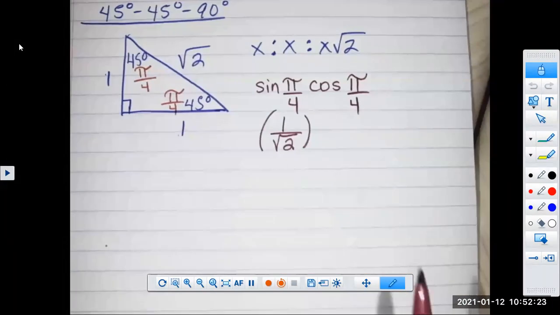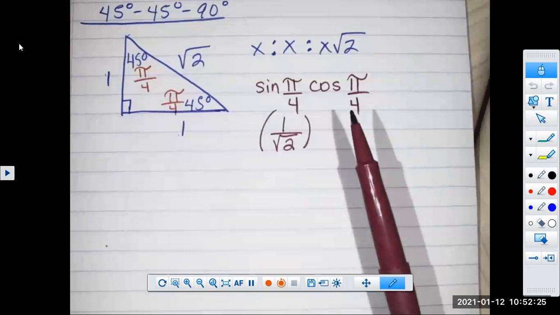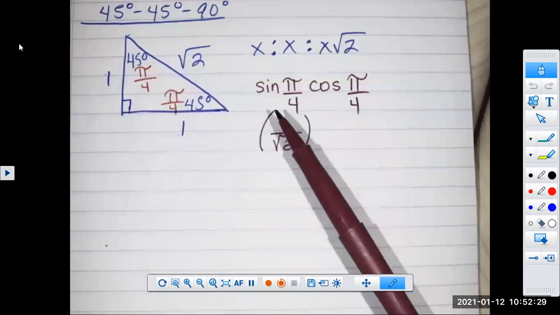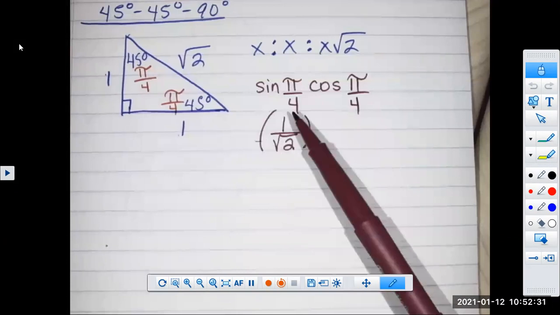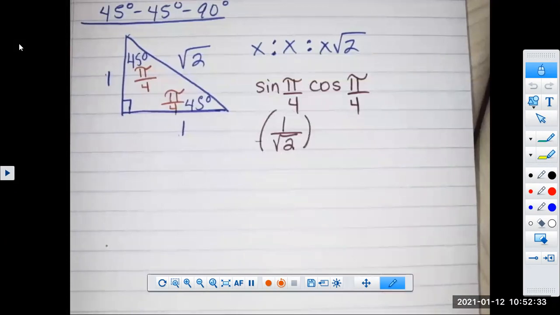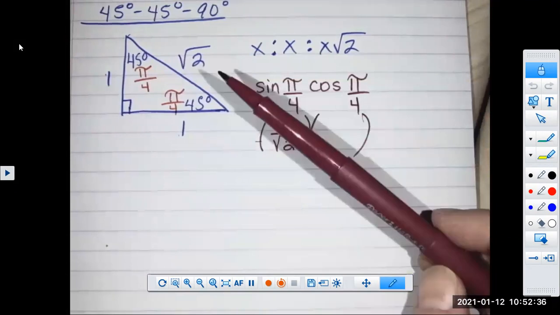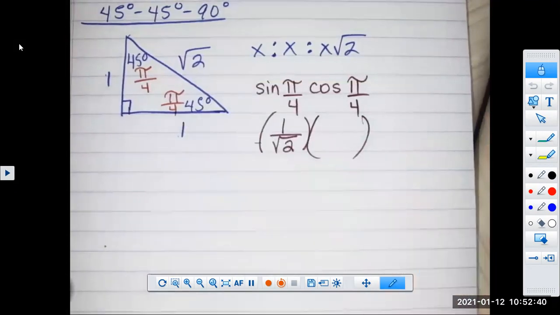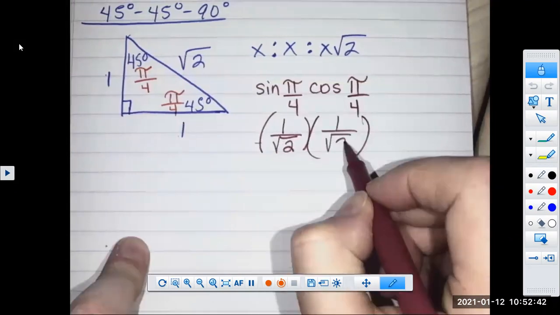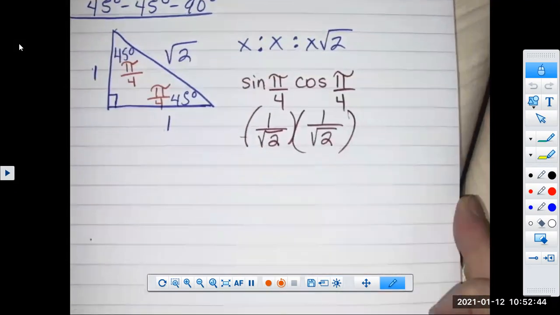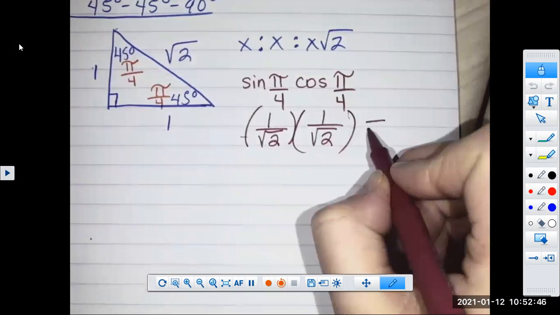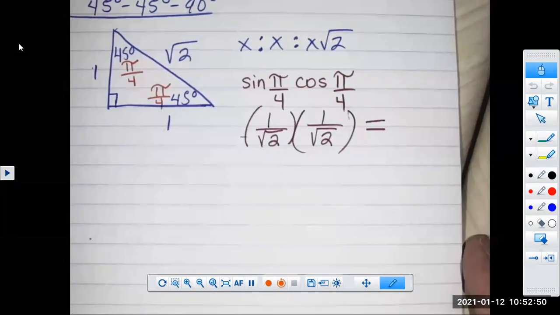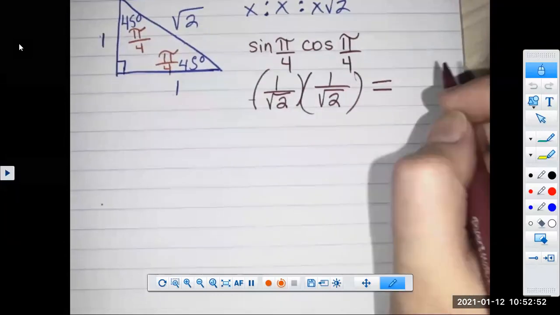When you're finding trig values like this and plugging in, you drop the sine. I'll see people a lot of times bring down and say sine of 1 over root 2. Don't do that. Cosine of pi over 4 is going to be the same thing, because if I'm looking at this angle, your adjacent side is 1, hypotenuse root 2. So when you multiply that together, what do you get? Good, you get 1/2.